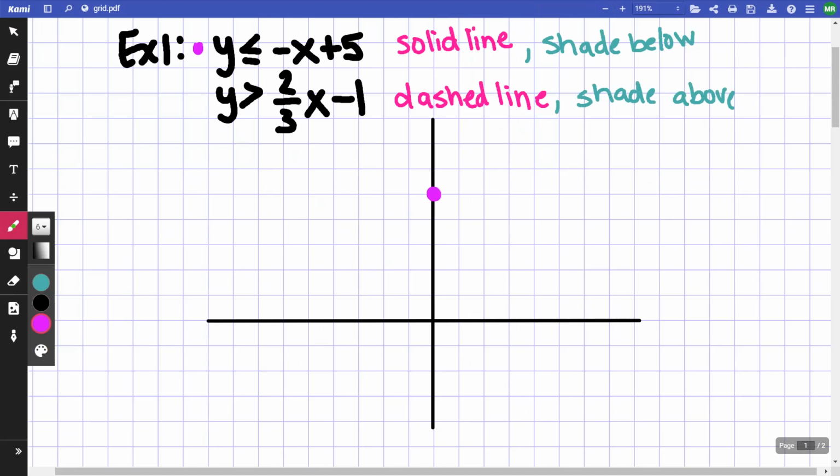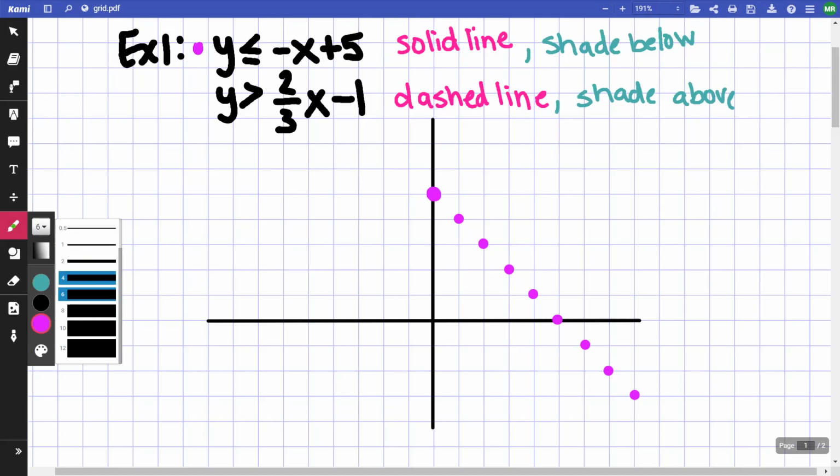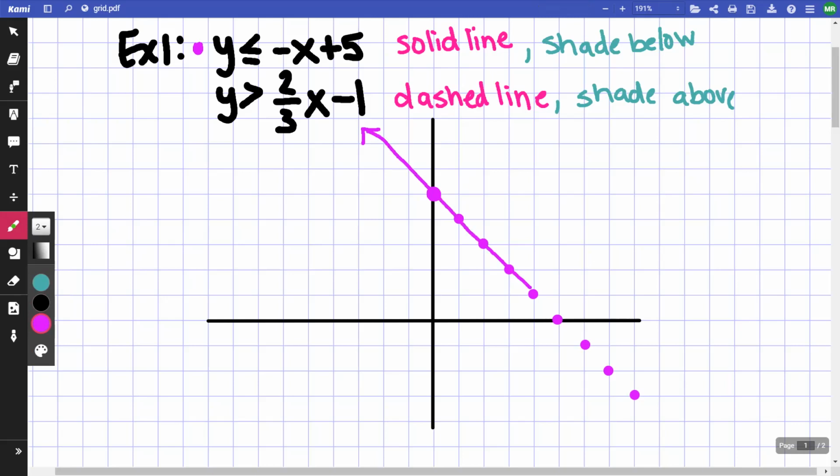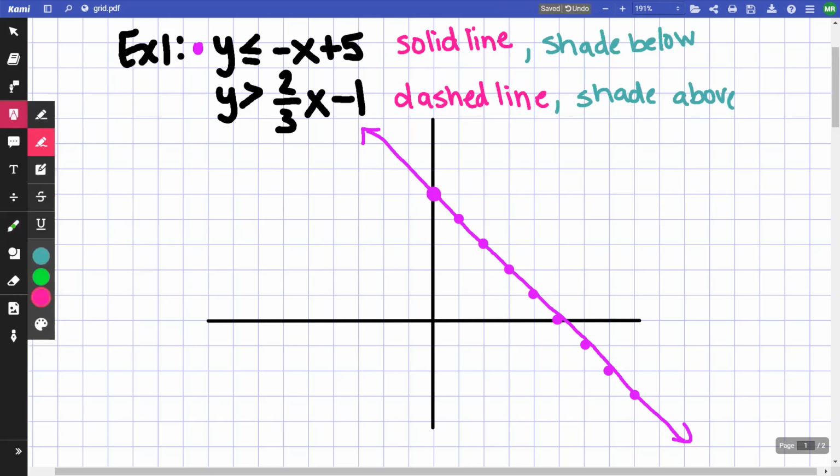My slope's -1, so I'm going to go down 1 and right 1. And then this one, I'm going to have a solid line. Okay, so let me just draw my solid line. And we're going to shade below, because it was less than. So if I'm going to shade below, I'm going to shade everything here.